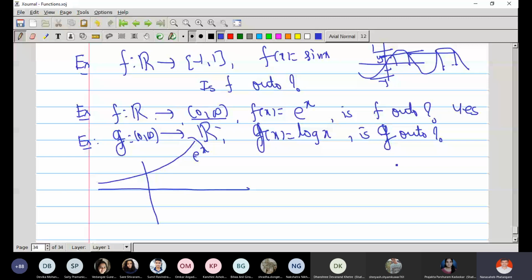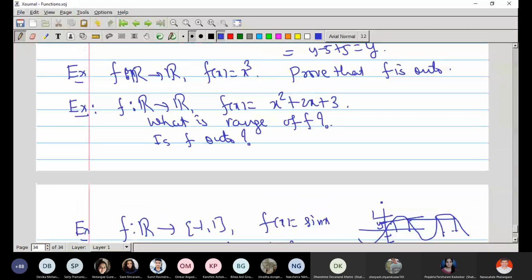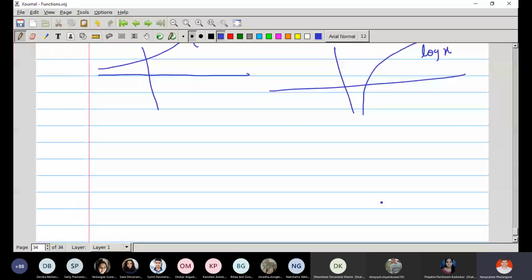Yes, because if you look at the graph, the upper end is going towards plus infinity and the lower end is going towards minus infinity. So you should think about such functions. So yes, this function is also onto.